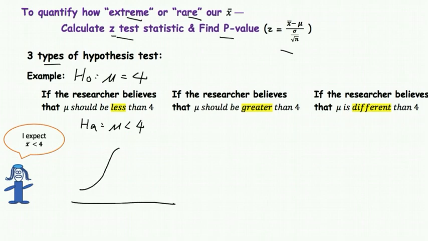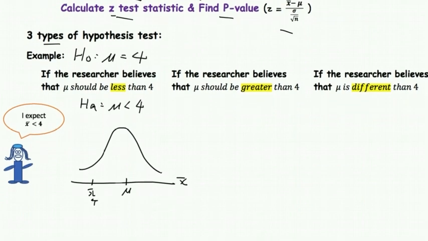In other words, let's say this is my sample mean. If mu is true, so we assume that mu is true, mu is here, I'm hoping that my sample mean will be smaller than mu.